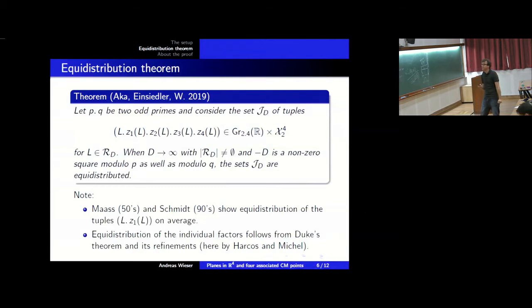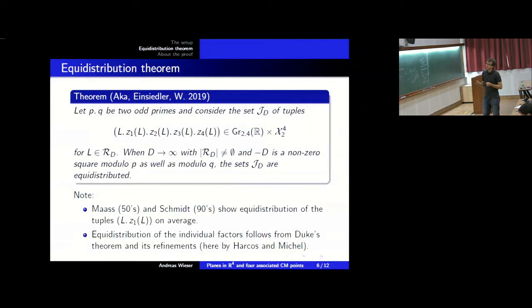Okay, so let me first note that the P and Q here are completely arbitrary, right? So it's a weird condition to assume. This is an artifact of the proof rather than something you should see as necessary for the theorem.